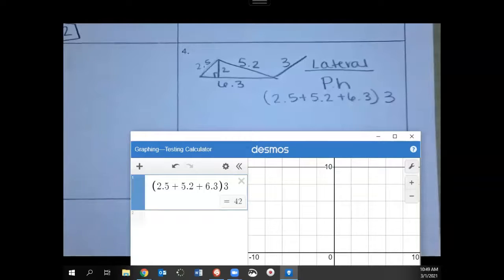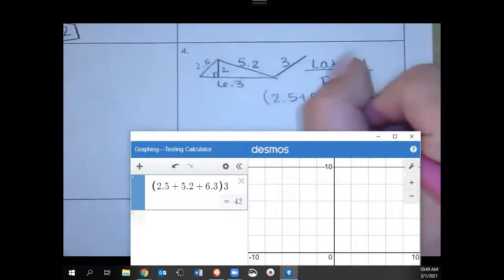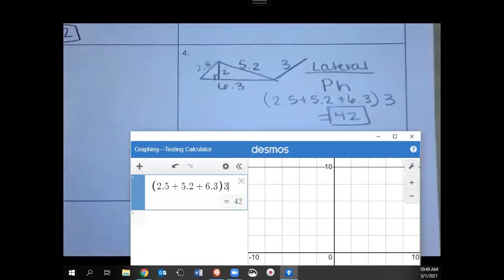And you should get 42 for the lateral surface area.